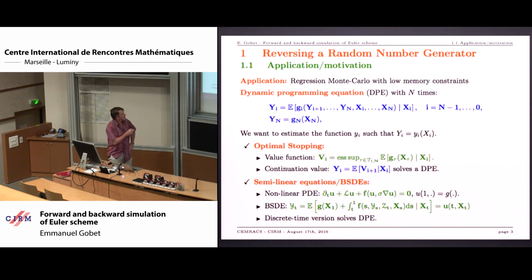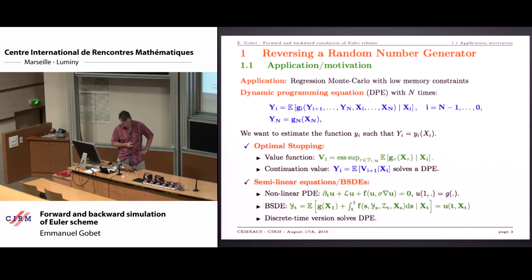One application of this is typically the optimal stopping problem. We know that Vi is the supremum over all stopping times of the maximal reward you can expect from time i. When you look at the continuation value, that is the expectation of the value function at the next time, it takes the form of a dynamic programming equation.